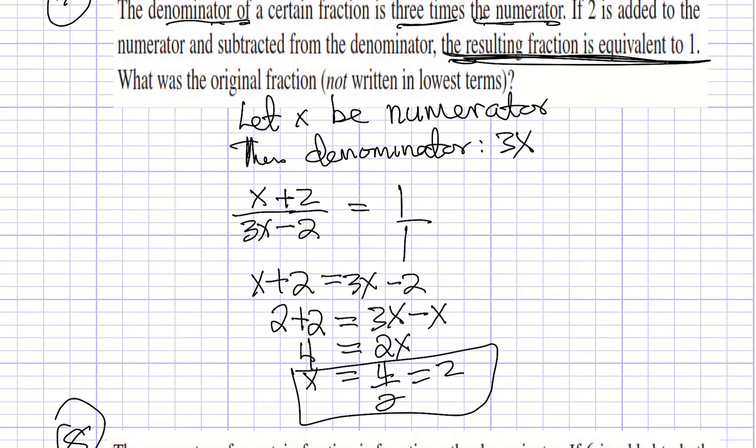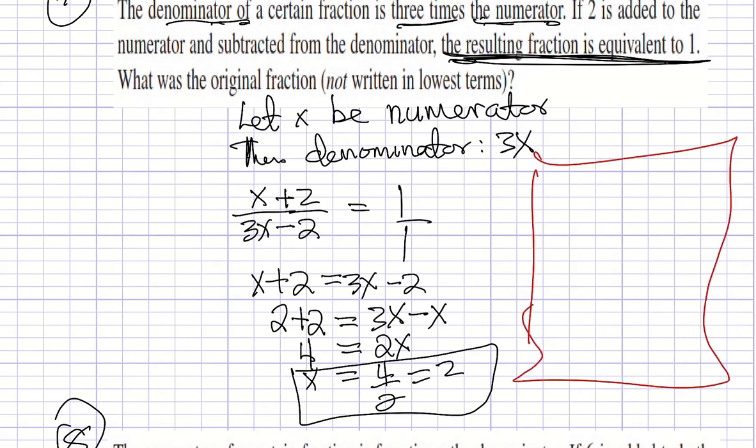Okay, we'll reconstruct that based on what we found. So the original fraction, x equals 2, will be 2 over, the denominator is 3x. It will be 2 over 3 times 2, which is 6.